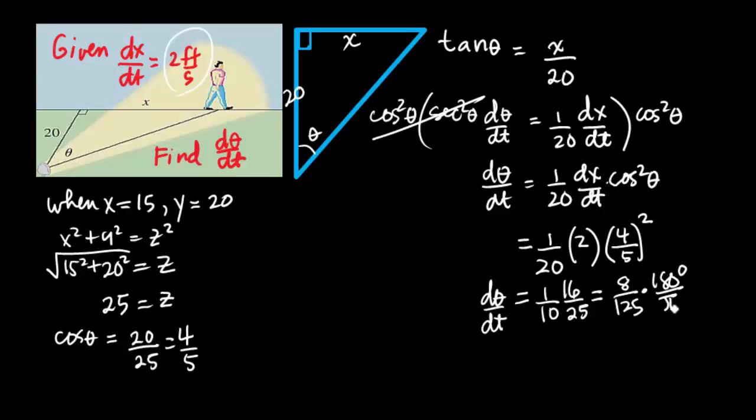The radians cancel, divided by seconds. If we simplify and plug it into the calculator, it's approximately 3.7 degrees per second. So that's the rate at which the searchlight is rotating at the moment the man is 15 feet from this point. So that answers example number 5.